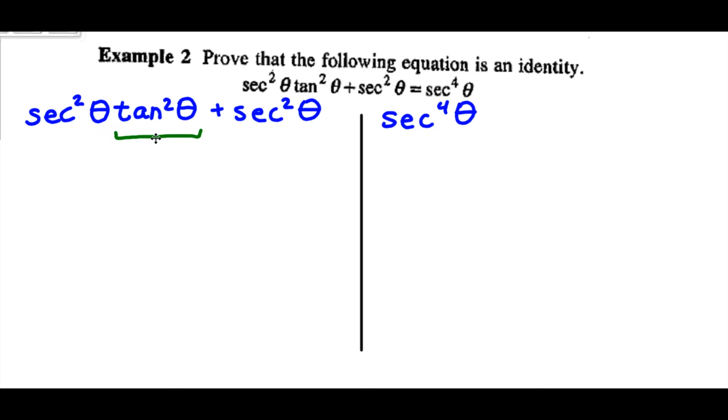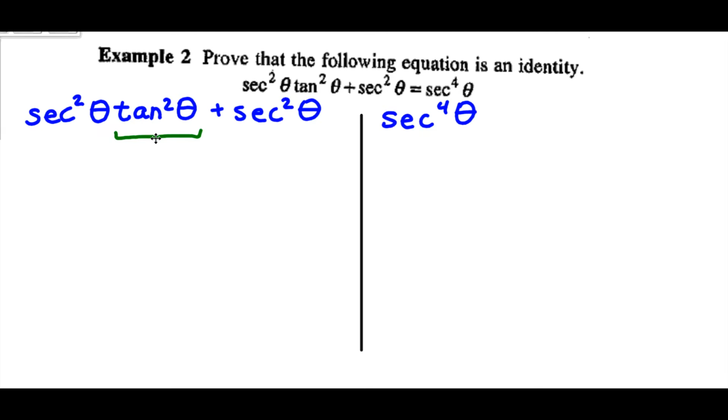When I look at tan squared theta, I'm going to go to my identity sheet and see, where do I see tan squared theta? Anytime I see a squared, my first place to look is my Pythagorean identities. And I do have a Pythagorean identity that is there. So tan squared theta is actually equal to secant squared theta minus 1.